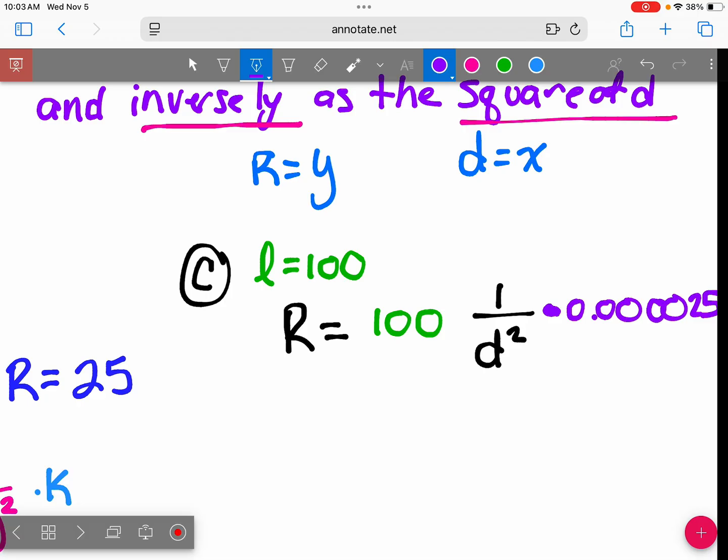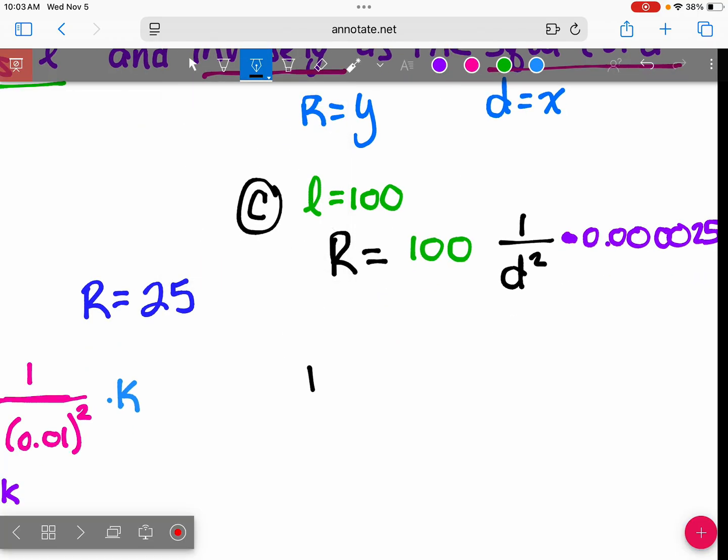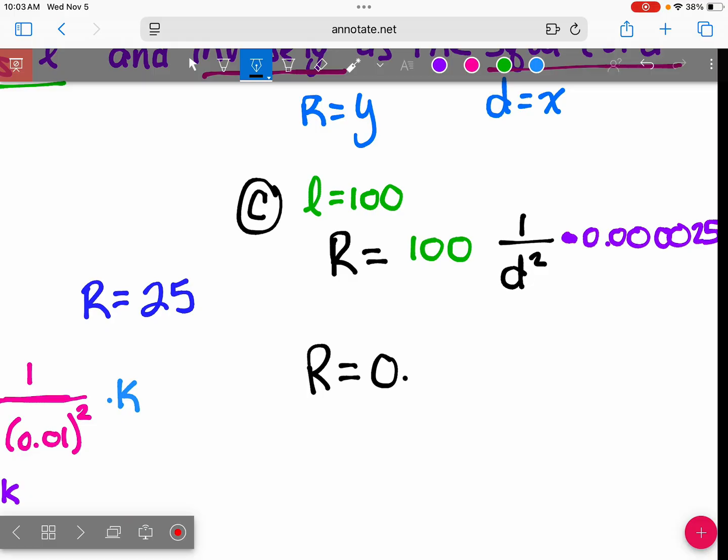And we can simplify this a little bit because that's a mess. Where we have our R equals, we can multiply our 100 and our 0.000025 together. So we're going to get 0.0025 times 1 over D squared, or you can put your 0.0025 over D squared.